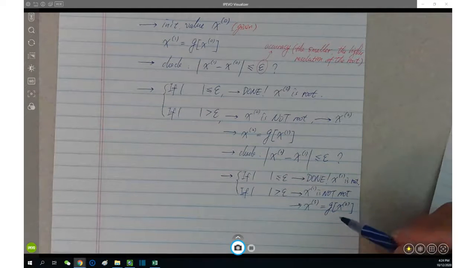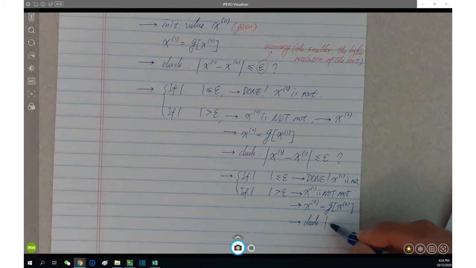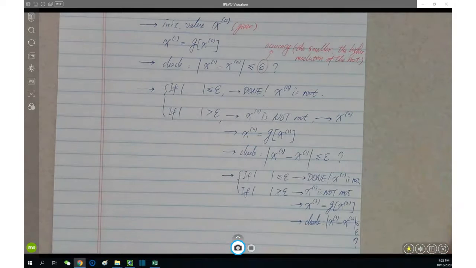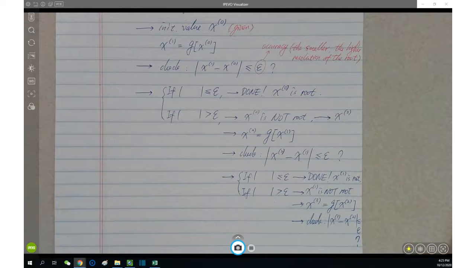And after this, again, check. This time, check whom? The difference between x3 and x2. And so on and so forth.